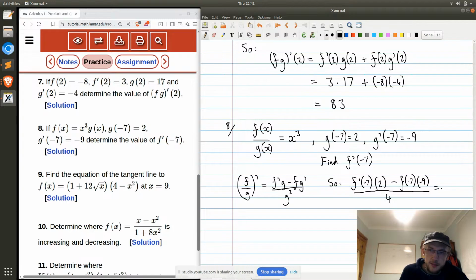And that, well, that is, let's think, we know f of x over g of x, and therefore the prime of that is the prime of that, which is 3x squared.